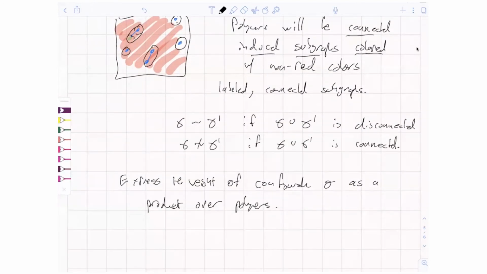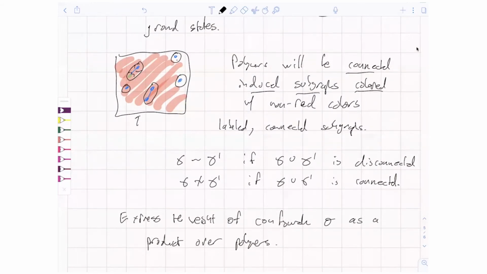And so let's think about this configuration. We started with this all red configuration. What's the weight of the all red configuration? The weight of the all red configuration is e to the beta times the number of edges of G. This is a ground state, so this is a maximum weight configuration. What I want to understand is how much smaller the weight of this configuration is with the defects.